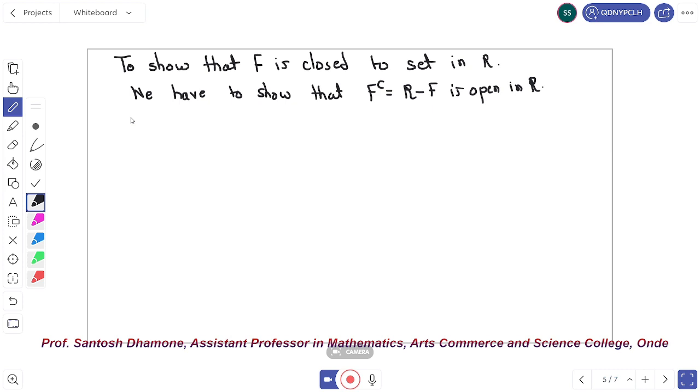Open ball about p with radius r. We take r which is positive and between this interval. If you take p as any value greater than 2, then r is positive.